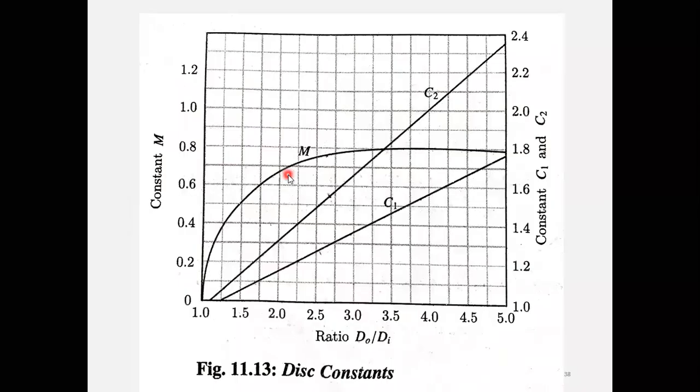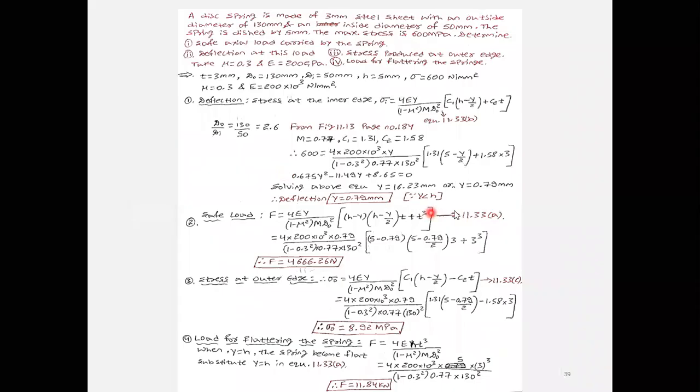Therefore F is equal to equation 11.33a. Already you have calculated the m constant, and the y deflection you have calculated just now. Substitute that. E, mu, d naught, h, t are given. All these data are given in the statement.